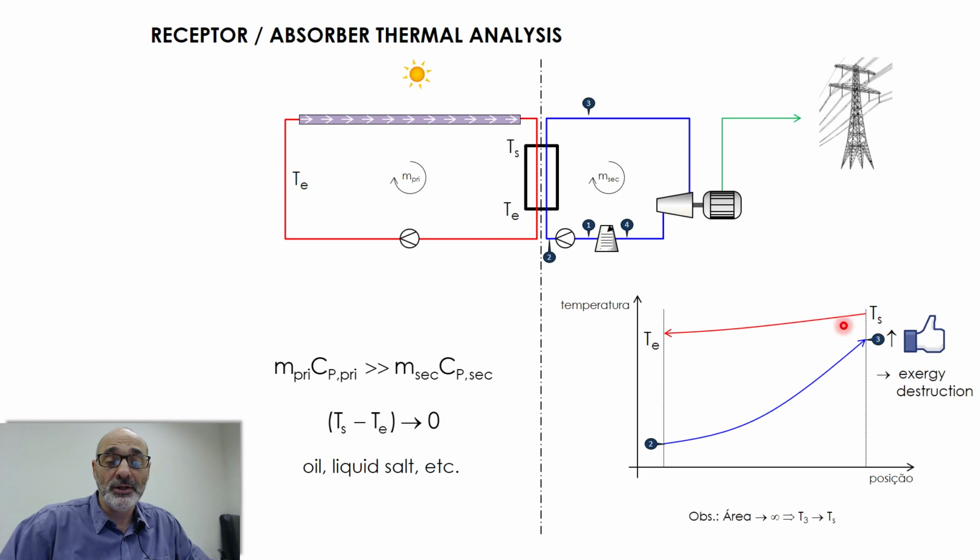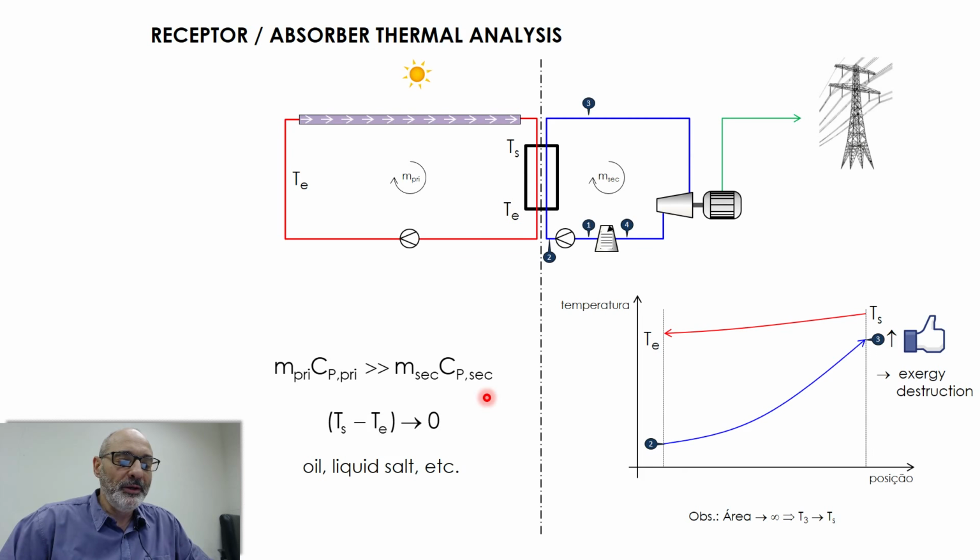This is good because it assures that the temperature at 3 is going to be maximum, and at the limit, if I have a very, very huge area here, T3 is going to become equal to Ts. If area goes to infinity, T3 tends to Ts.